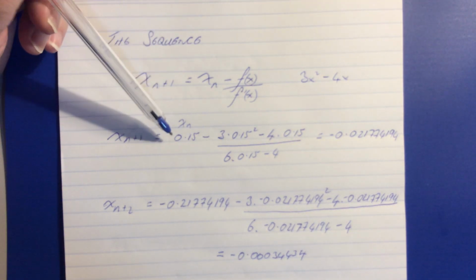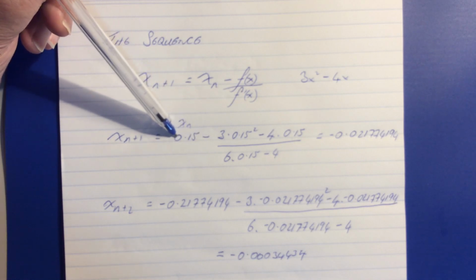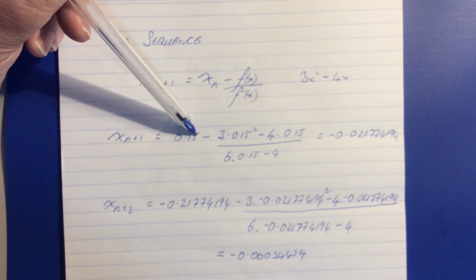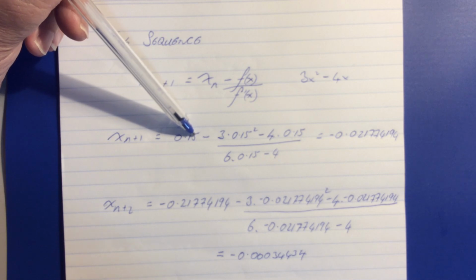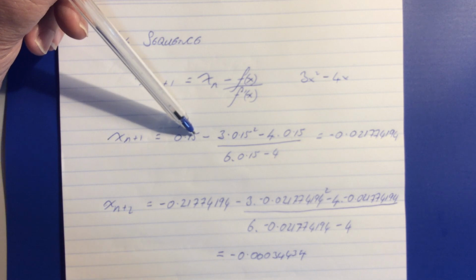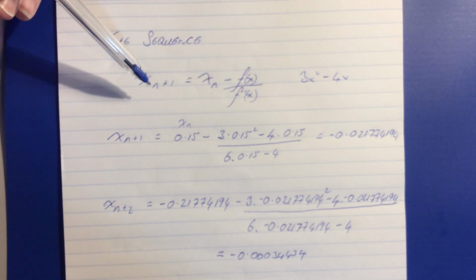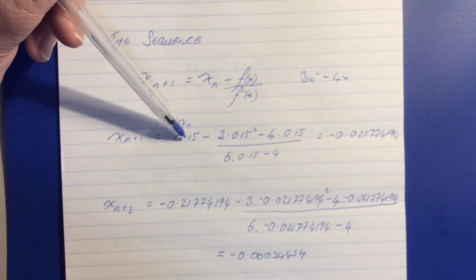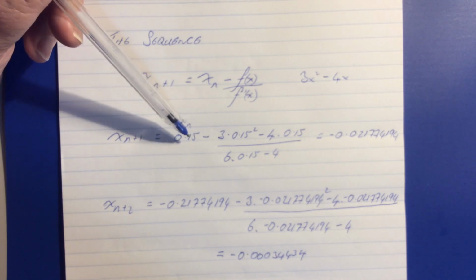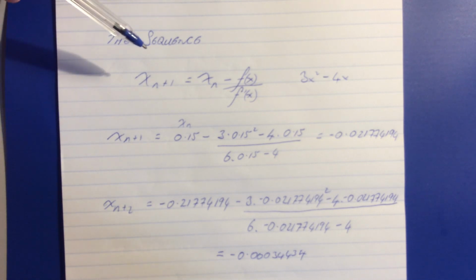What I've chosen as my starting point is a very small number, 0.15, which you will see is quite close to 0. Now we know that one of the solutions for this is 0. I just thought that this was a little bit easier to work with than to go hunting for 4 over 3.